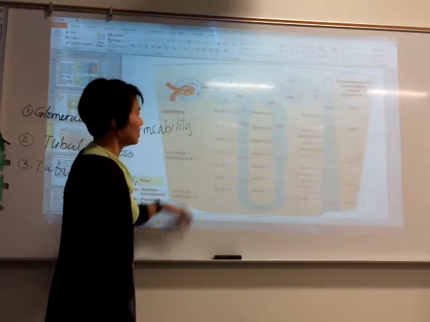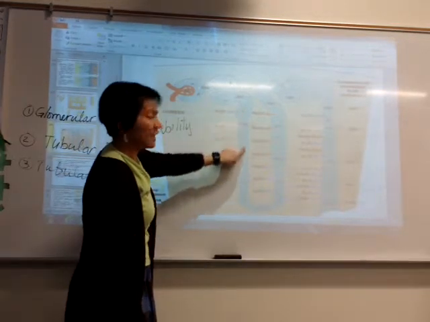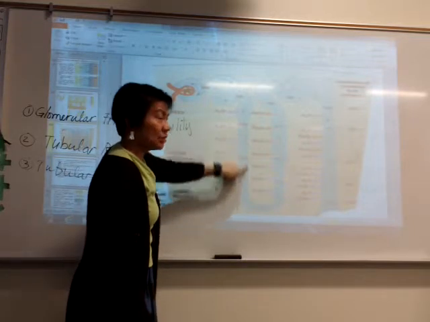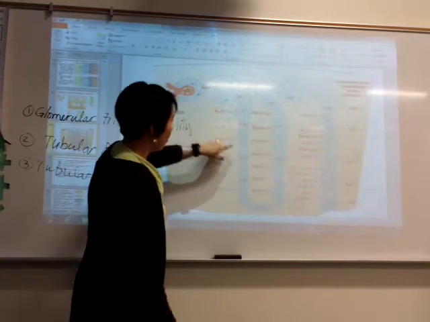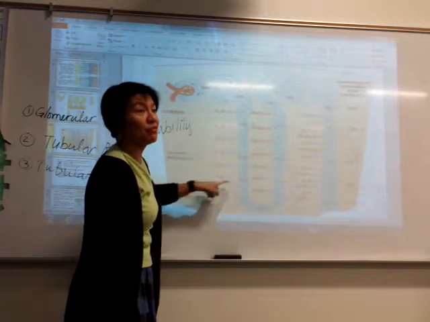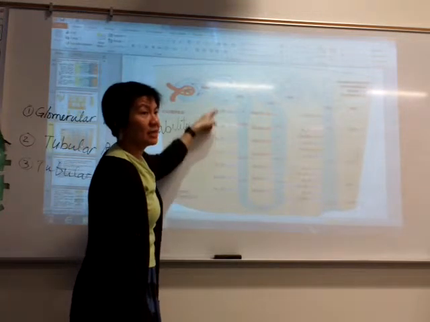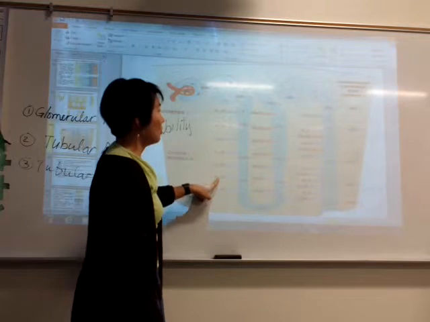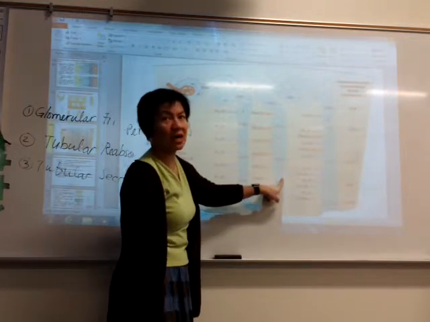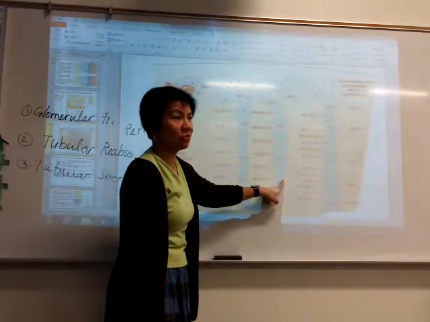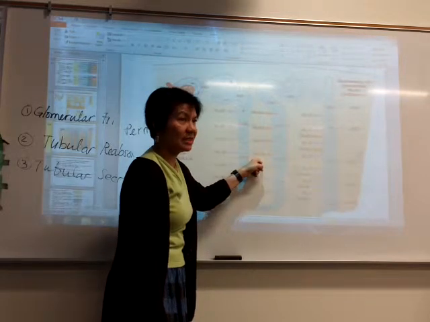Look at this picture. I see this is my descending limb or the descending loop. Look at what is able to move out here. Only water. And then here, do you see water coming out? No, just only salt. You see?